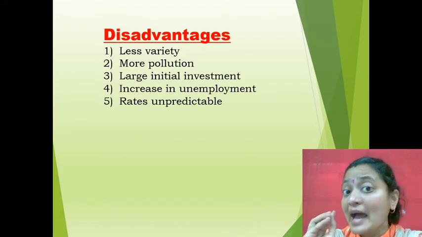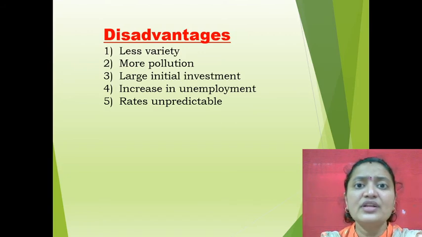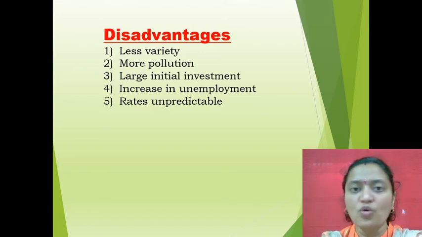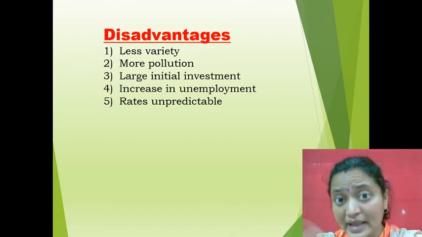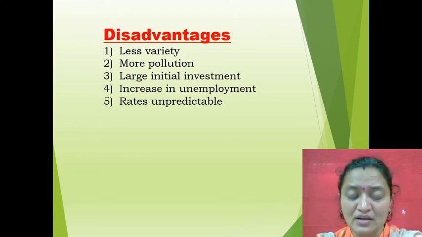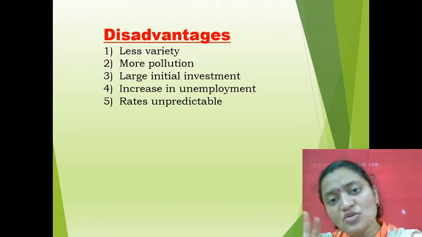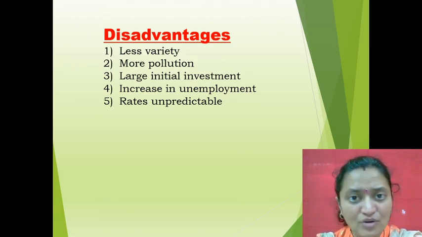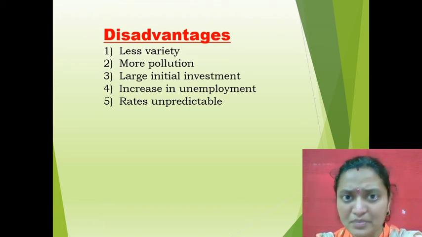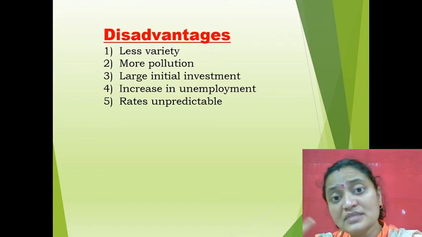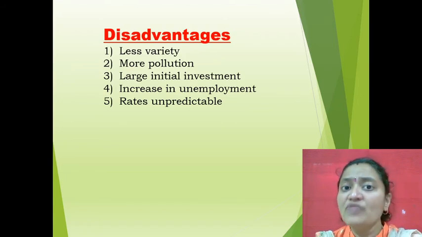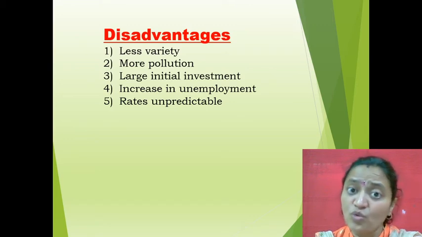In those accounting machines, you just feed the data and immediately you can get the whole result. That way some variety of machine should be there in order to perform that particular work. So in this automation also there is less variety of operations or less variety of machines. Then the next one is more pollution. Now one disadvantage is there, that is more pollution.